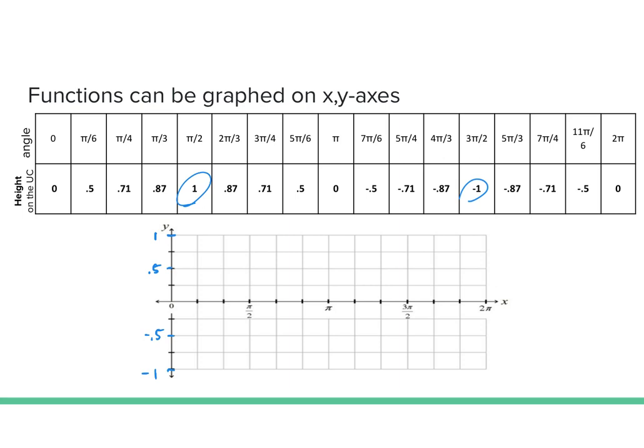I'm going to do this in red so that I can be consistent across the rest of the lesson. This is an XY point. Plug in 0, get out 0. Plug in pi over 2, get out a 1. Plug in pi, get out a 0. Plug in 3 pi over 2, out -1, and then back up to 0.